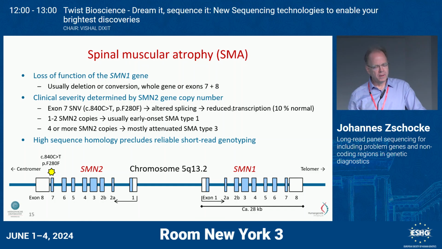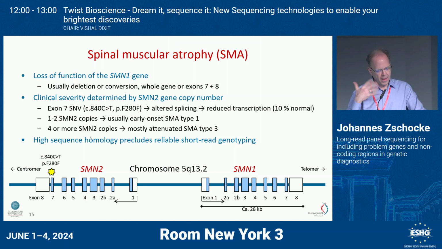So SMA is another of the problem genes. You have two paralogous genes. The important one is SMN1. If that's missing, you get SMA, and SMN2 decides how severe it is. They are highly paralogous, and there's one variant in exon 7 that affects splicing and causes reduced transcription to 10% of normal.